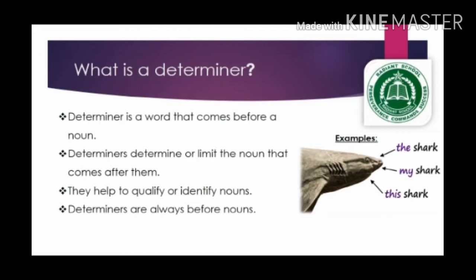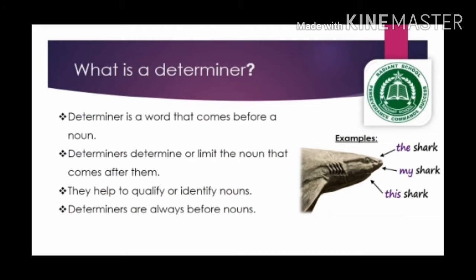Now these three determiners determine or limit the noun. The shark: here the shows us that we are talking about a shark that has already been discussed, or it is a specific shark that the reader or the listener already knows.